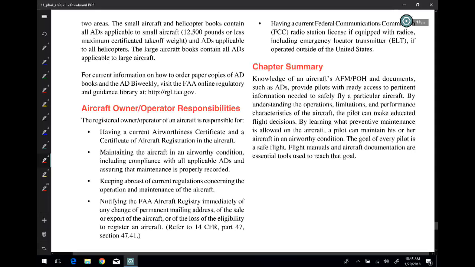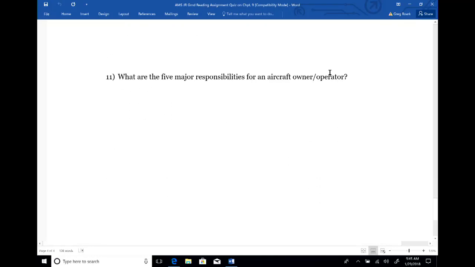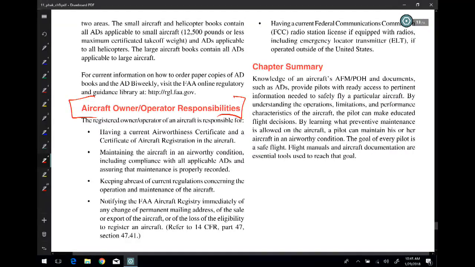Then we also have this, aircraft owner, operator, areas of responsibility. Well, if we look here at question 11, you can see that there are 5, okay? Right here. Look here.